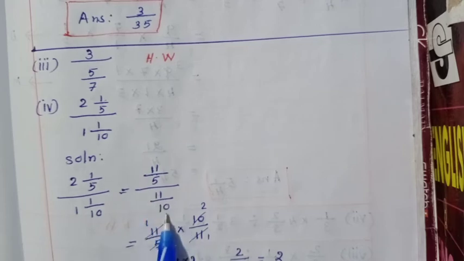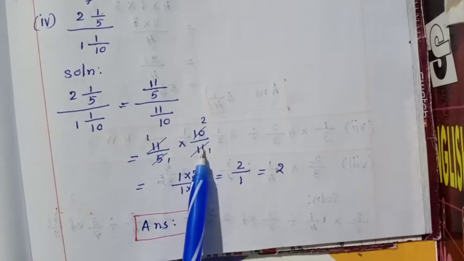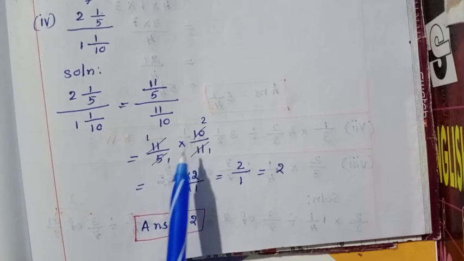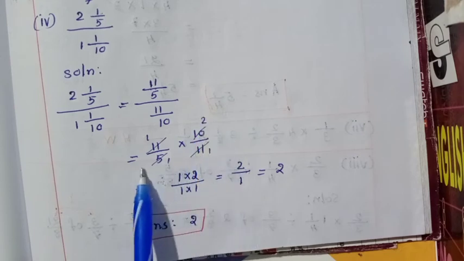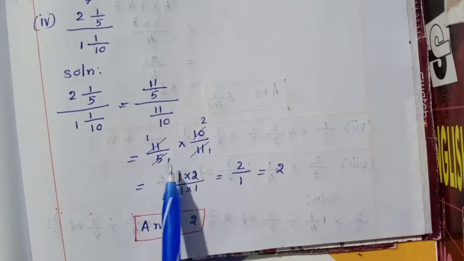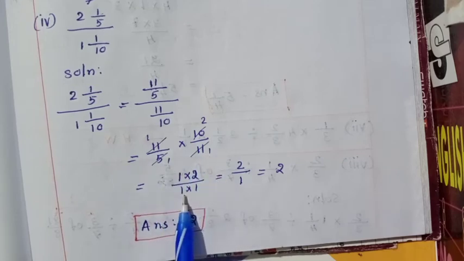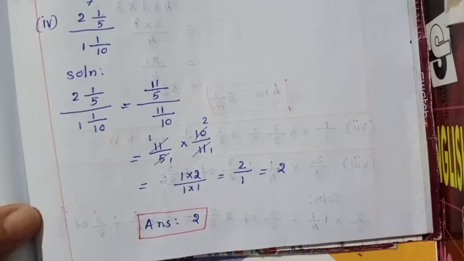Then 11 by 10 we will write as 10 by 11. Then here 11 and 11, numerator and denominator, we can cancel. 11 and 11 cutting. Then 5 and 10 we can divide. 5 twos are 10. So 2 writing. In the denominator only 1 is remaining. So 1 into 2 in the numerator, 1 into 1 in the denominator. Then 1 into 2, the answer is 2 by 1. 2 by 1 means the answer is 2.